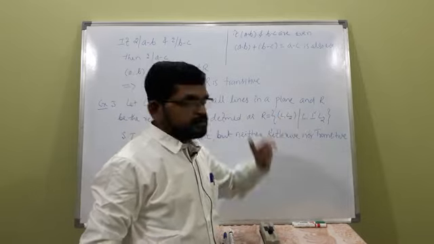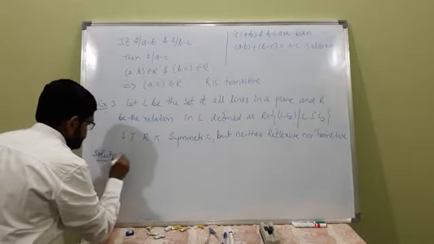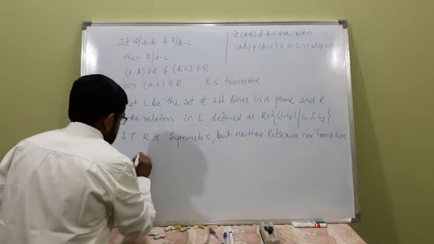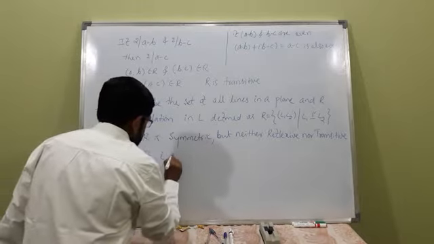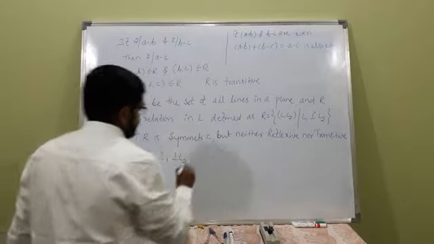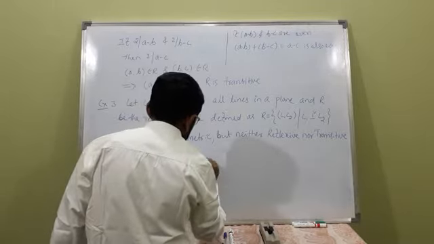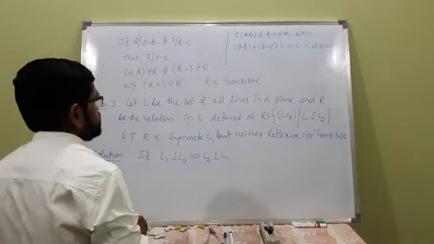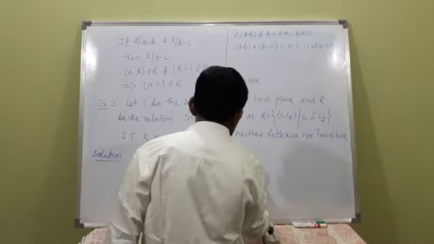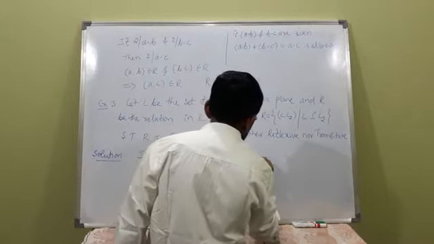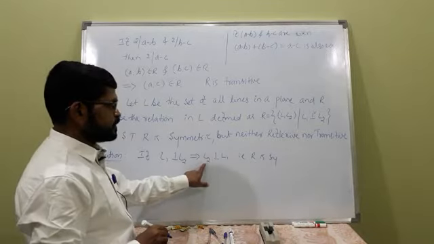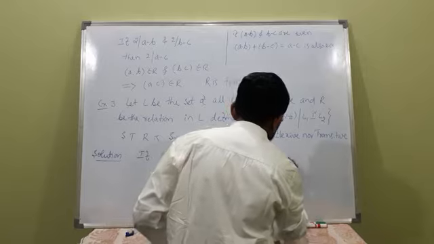Okay, the solution is: if L1 is perpendicular to L2, it means L2 is also perpendicular to L1. That is, R is symmetric. R of (L1, L2) is the same as R of (L2, L1).